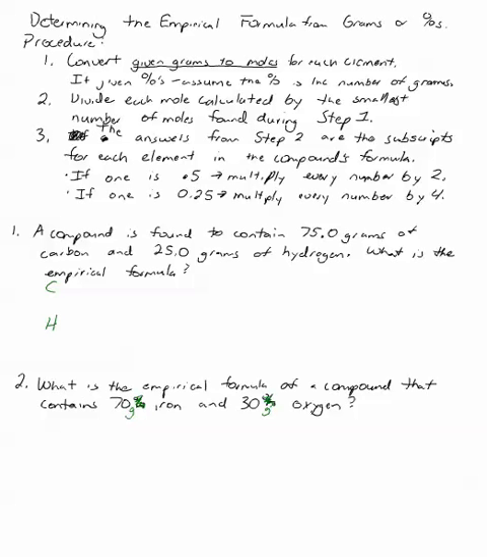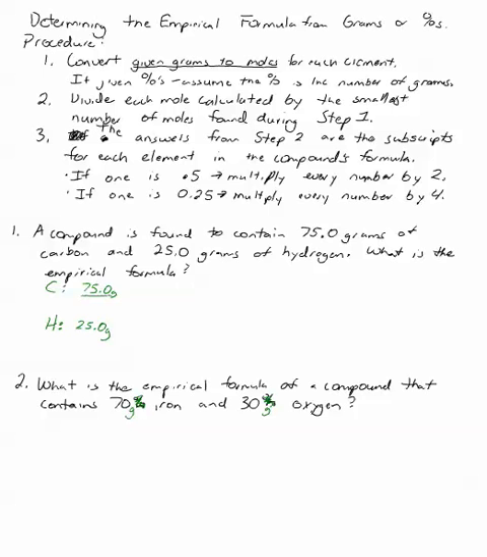First thing we need to do is convert given grams to moles for each element. How many grams of carbon did I have? They gave us 75.0 grams, and for hydrogen, 25.0 grams. We need to convert these from grams to moles.